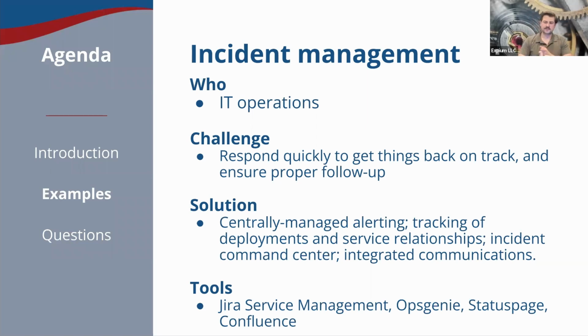The tools that we're going to use to do that are, at a very high level, Jira Service Management, Opsgenie, and Bitbucket. You can also use tools like Statuspage and Confluence to finish this, or to take care of this as well.